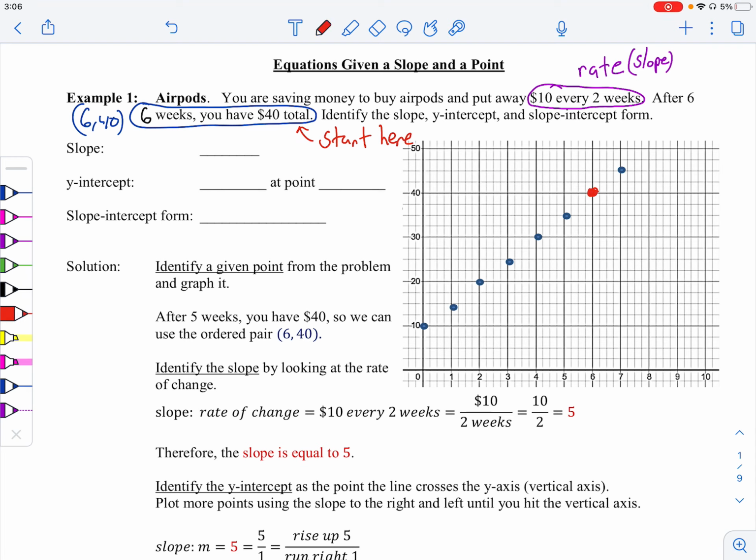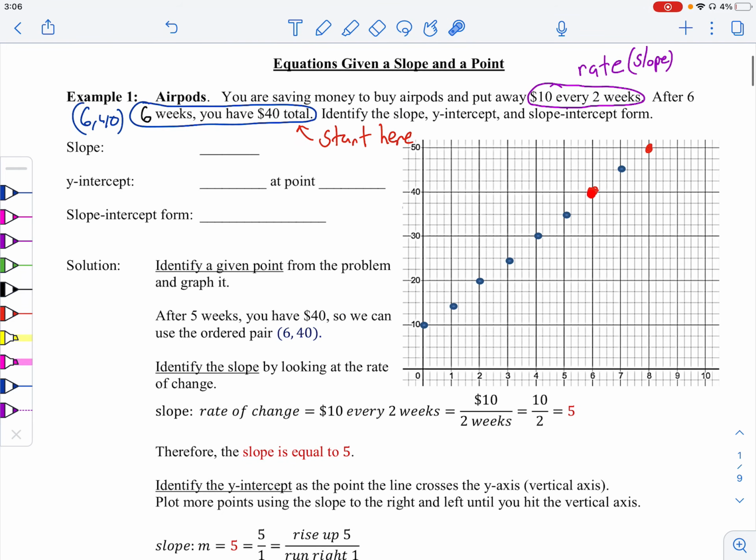$10 every 2 weeks, right there, or $5 every 1 week is right there. So we continue our pattern. And then we can go the other way too, just follow the pattern the other way.